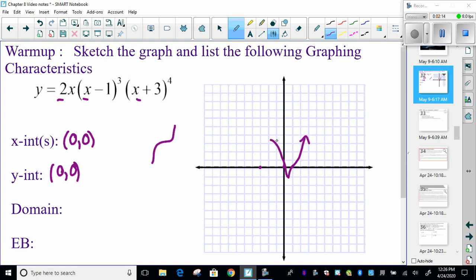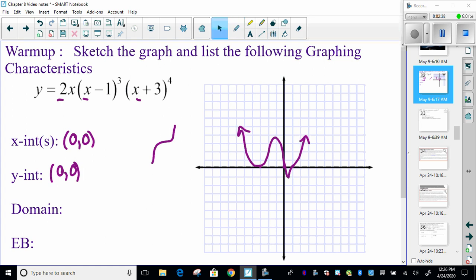And then at -3, it flattens and bounces back up. Okay, that may be flat a little too long. Let's make that a little better. There we go. So, looks kind of oddly shaped, but that is our 8th degree polynomial.